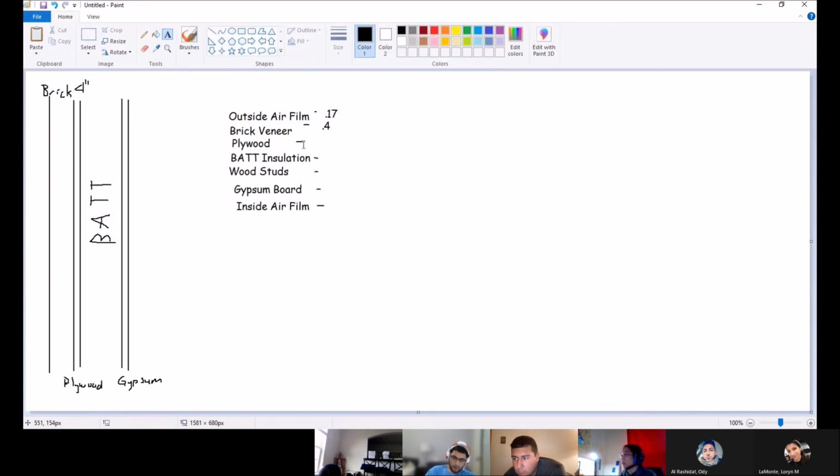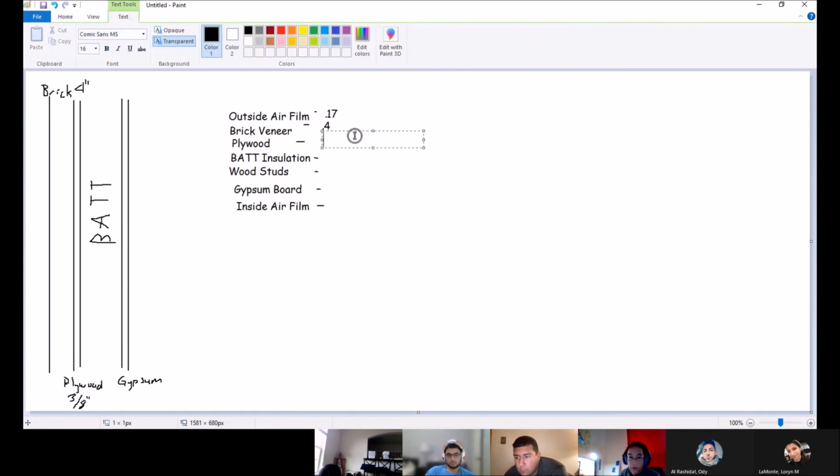Just 0.4. Plywood, this is going to be 3/8 of an inch. So your plywood would come out to 0.59.